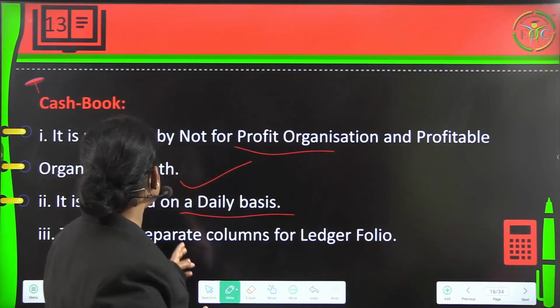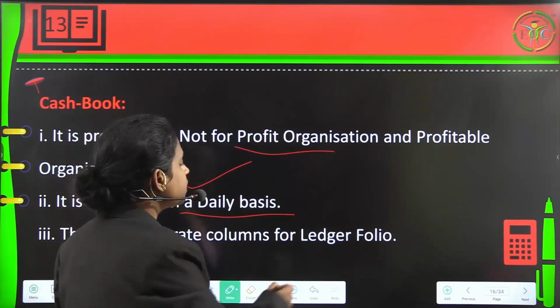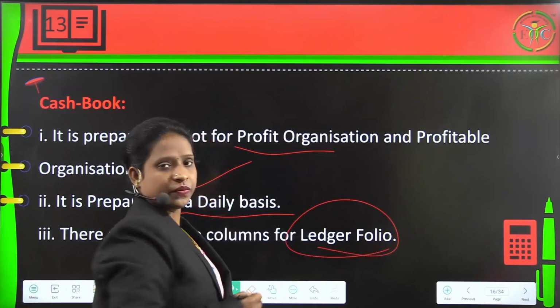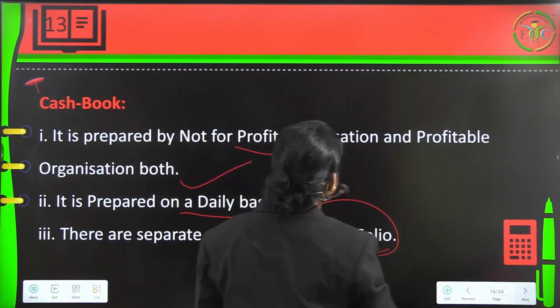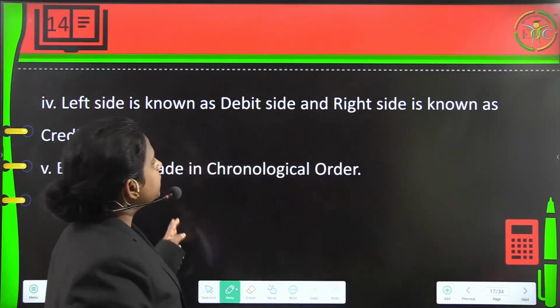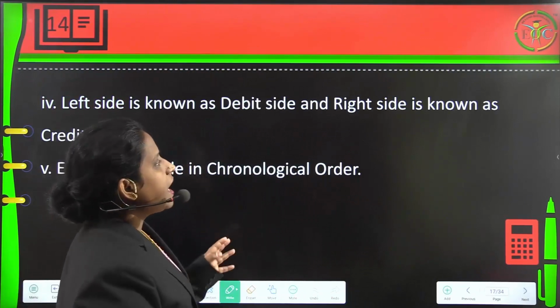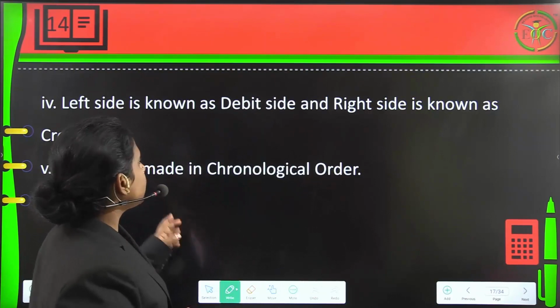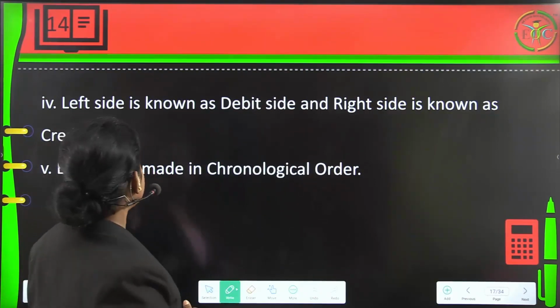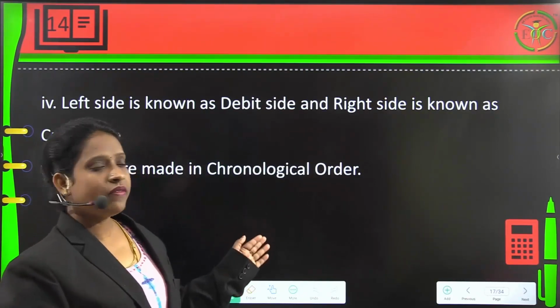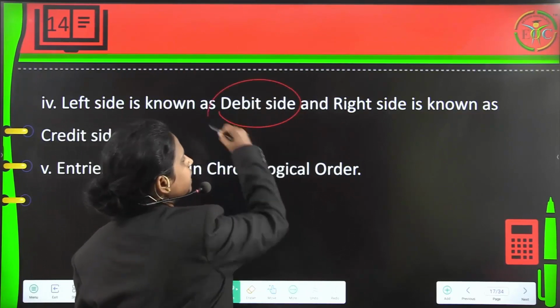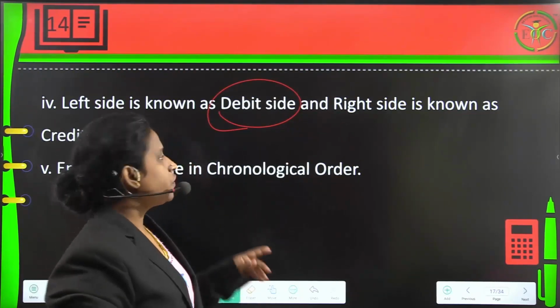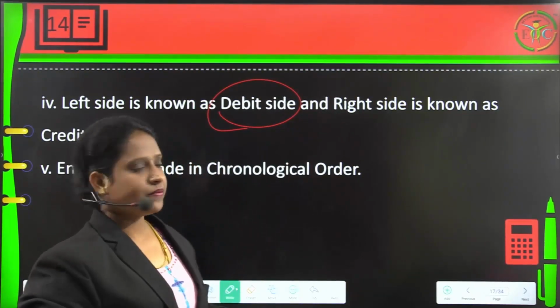And we can also understand that in this cash book, there are separate columns for ledger folio. Fine. Then the left side is known as the debit side and the right side is known as the credit side. So this is also an important thing that we have to understand. Whatever is on the left side, we call it the debit side, and the right side is what we call the credit side. Fine.